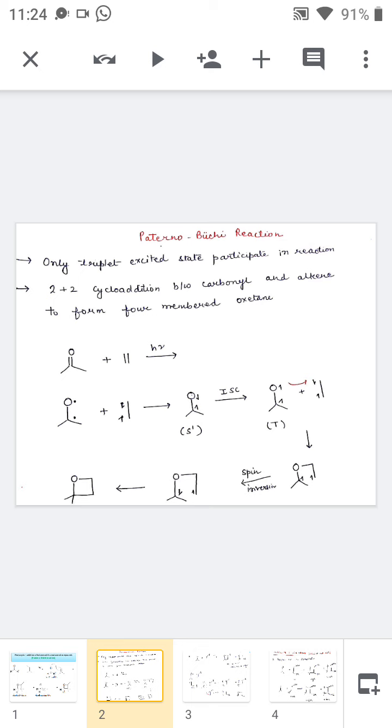Since in this alkene both radicals are the same, it can combine with either primary radical of the alkene, and after that the radical on the carbon of the carbonyl and the alkene radical combine together and form a four-membered oxetane.